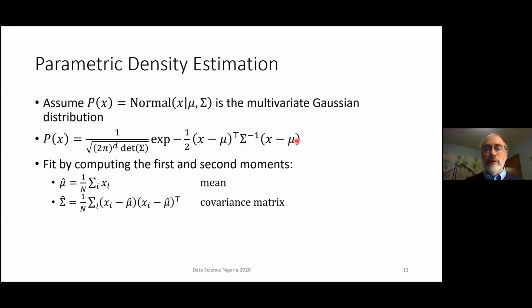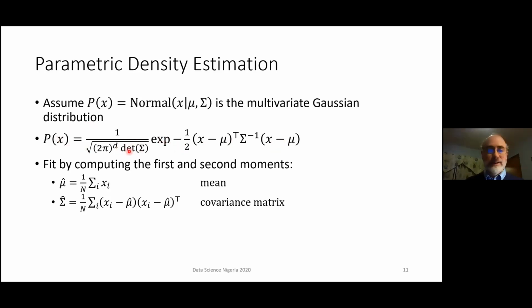This is called a quadratic form, right? We take the difference between x and mu, take its transpose, multiply it by sigma inverse, and then multiply that by x minus mu again. That gets us a scalar value, and then everything else is basically the same.